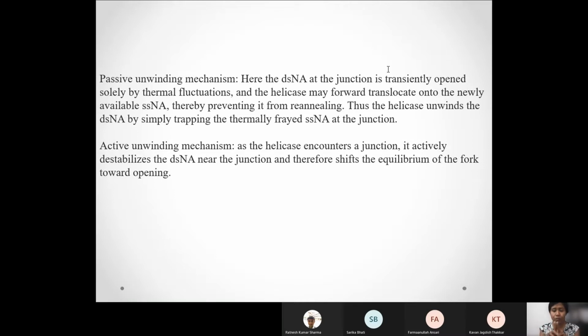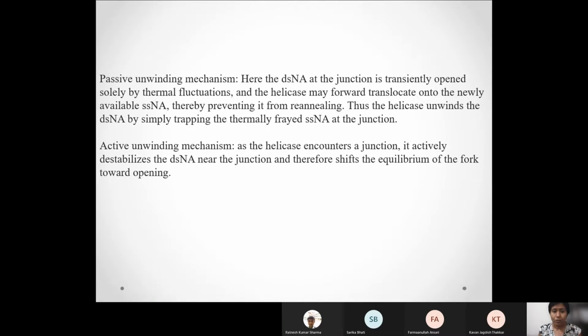The helicase might identify those local disturbances and start unwinding the DNA from that point. So this is one hypothesis. It's called the passive unwinding mechanism.